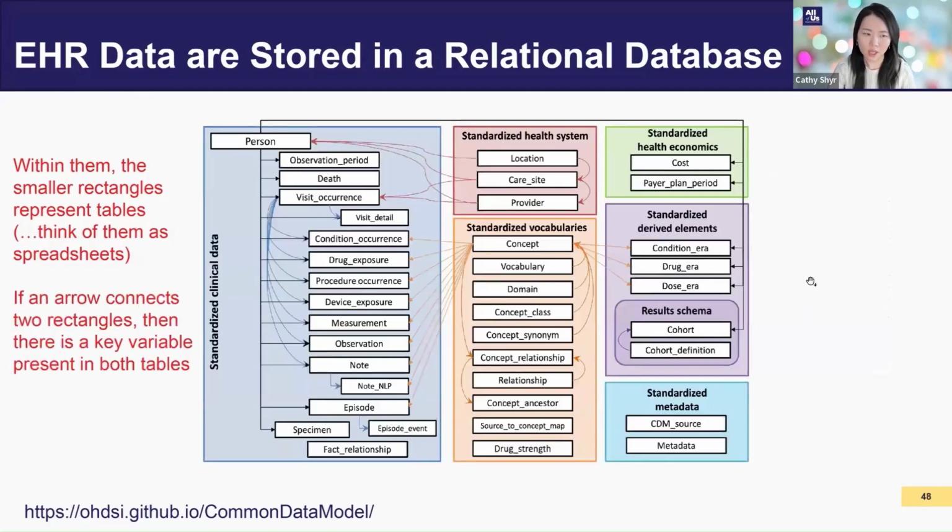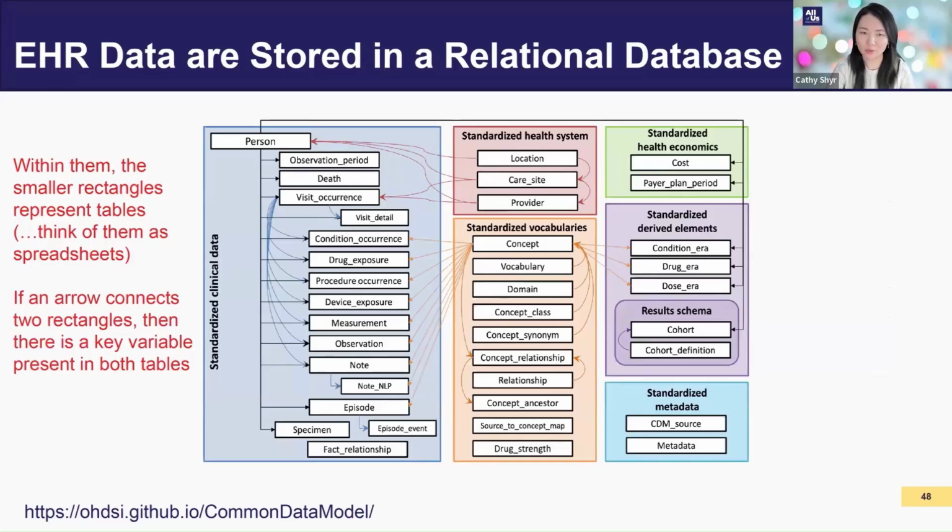So going back to the schema, we see a lot of arrows going across and connecting different data tables. If an arrow connects two rectangles, that means there's a key variable present in both tables that allows us to merge them.